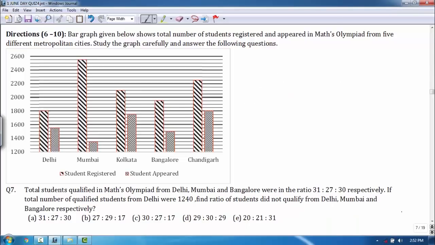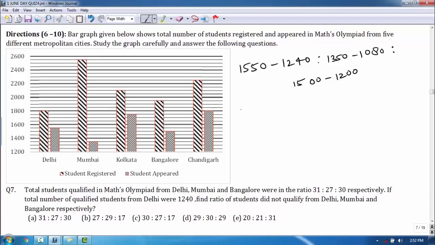So the ratio of students who did not qualify from Delhi, Mumbai and Bangalore respectively will be 1550 minus 1240 is to 1350 minus 1080 is to 1500 minus 1200.